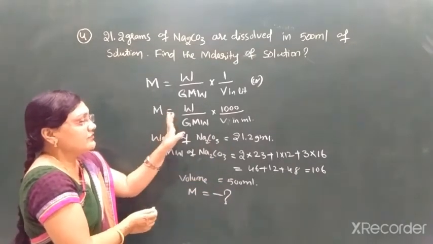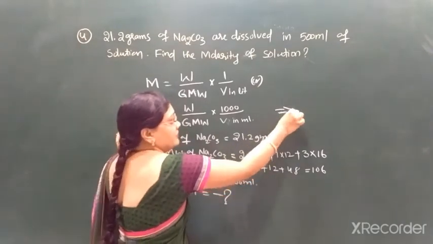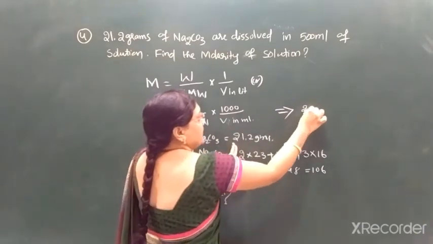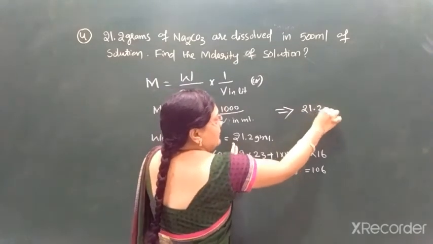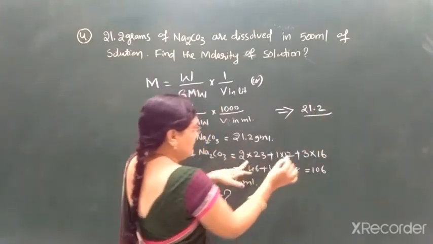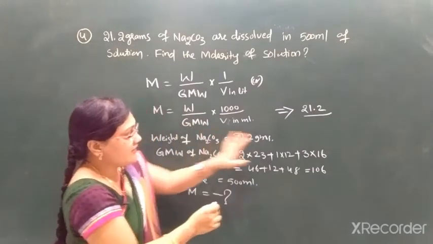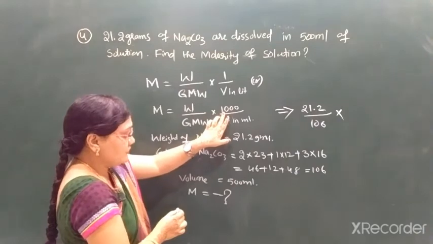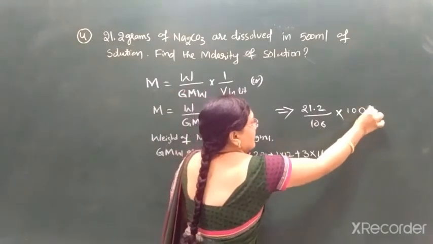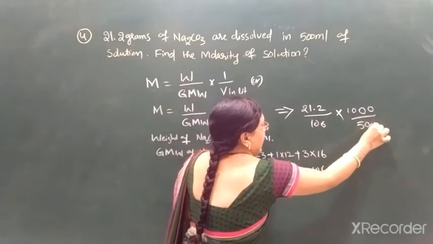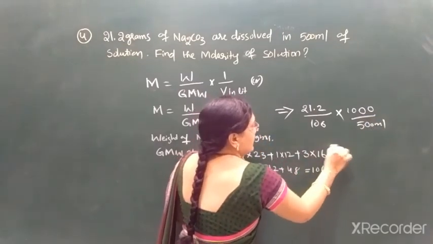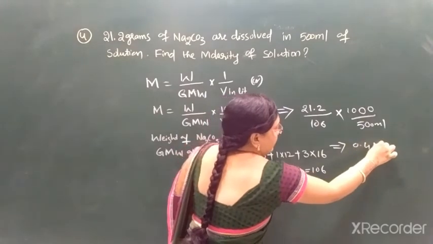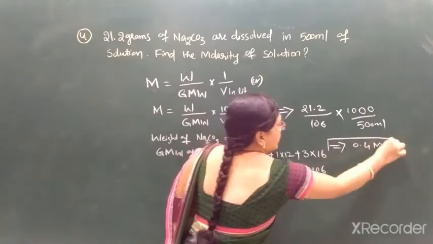These are substituted in this formula: 21.2 grams by gram molecular weight 106 into 1000 by 500 ml. This answer is 0.4. Molarity is 0.4.